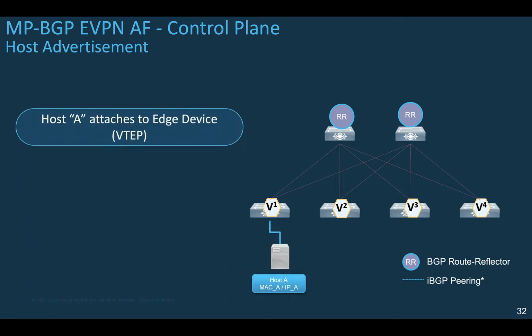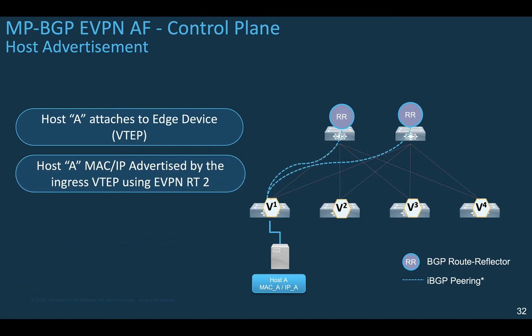In this example, the host A is attached to the edge device, the VTEP V1. The VTEP V1 advertises the host A reachability information toward the route reflectors using the EVPN route type 2. And sometimes you can read RT2 in the documentation. So the route type 2 carries the reachability information required for an efficient data packet transport.